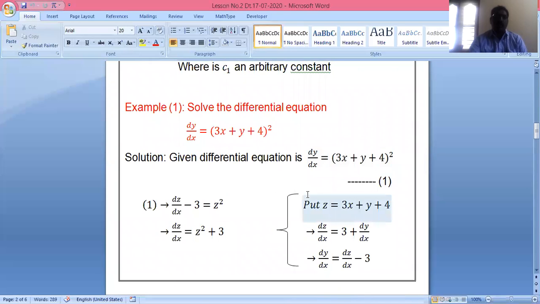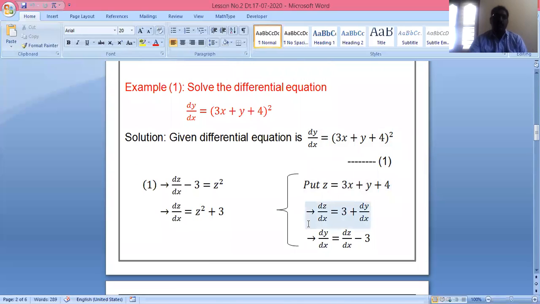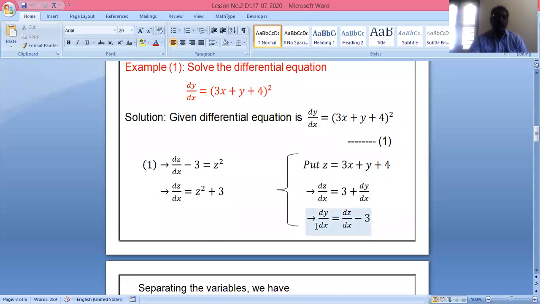Here we take z is equal to 3x plus y plus 4. This is our substitution. That implies dz by dx is equal to 3 plus dy by dx. That implies dy by dx is equal to dz by dx minus 3.